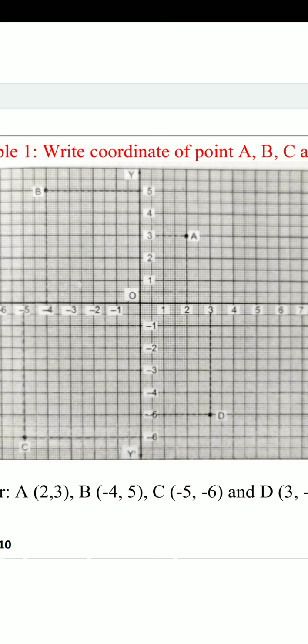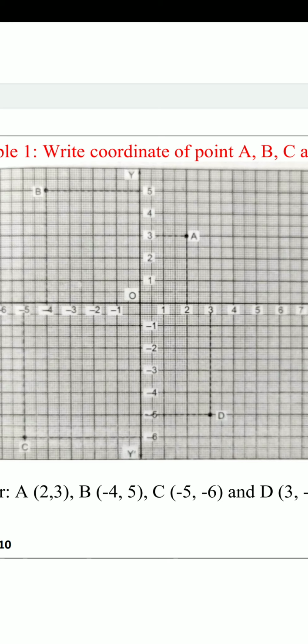Next, point C lies in the third quadrant. Remember, in the first quadrant both have the same sign, positive, positive, and in the third quadrant both have the same sign, negative, negative.